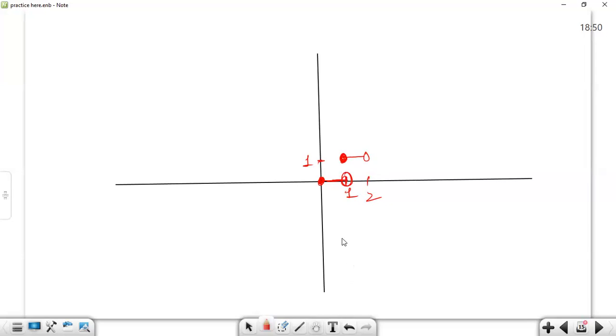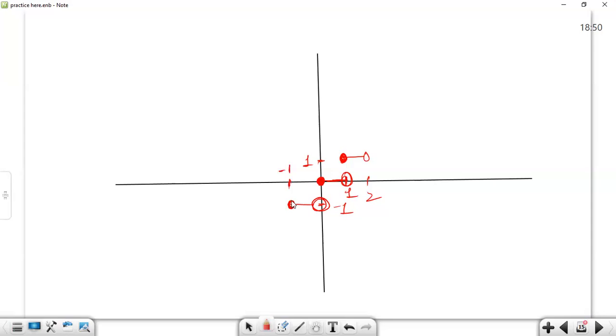For all the values from 0 to 1, excluding 1, the greatest integer function is going to remain as 0. So now let's discuss these points. There's a closed node here. There will be a hole and node.